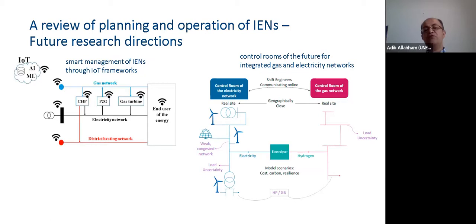So if we have one control room to control both networks, and we have this coupling component, which for example in this figure is an electrolyzer to convert energy from electricity to hydrogen or to methane gas and inject it in the gas network, how can these coupling components also be controlled? This is one of the research gaps to deal with.